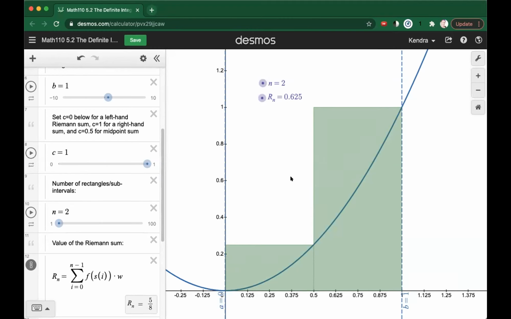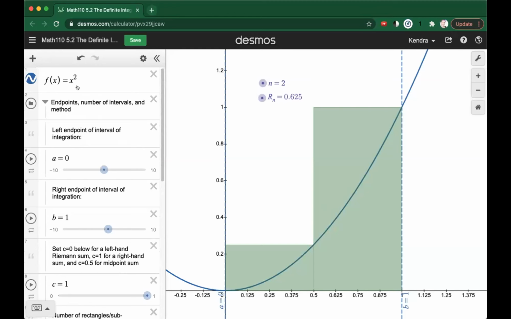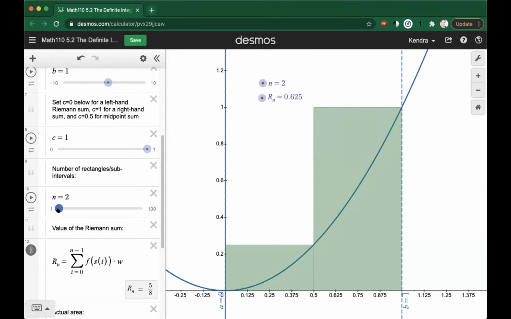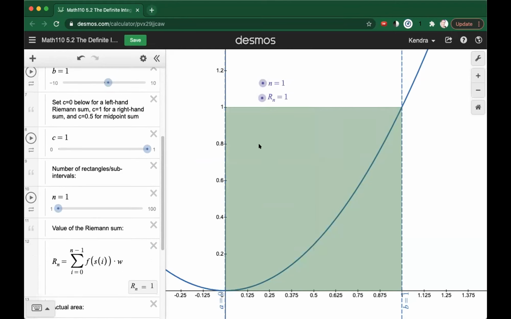Okay, so I'm going to start with using right endpoints of the intervals. So this is the same y equals x squared curve, all right? And I'm going from 0 to 1. And we saw with my n, with 1 rectangle, it looks like this.